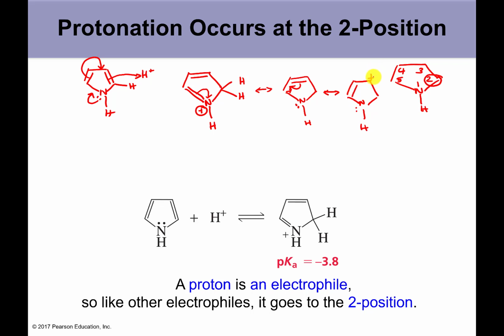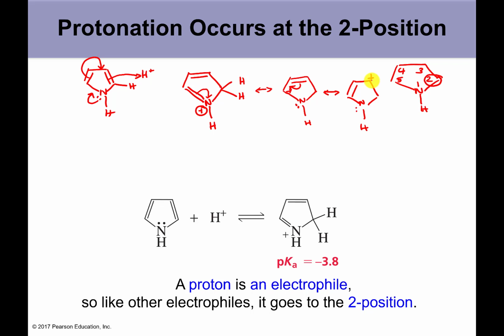And it looks like that. Okay, so I have 3 resonance structures, one of which is relatively stable. The other two are not as stable because you violate the octet at the carbocations. There's a carbocation here and a carbocation here. You're violating the octet rule. Now this is what happens when you add in the 2 position.